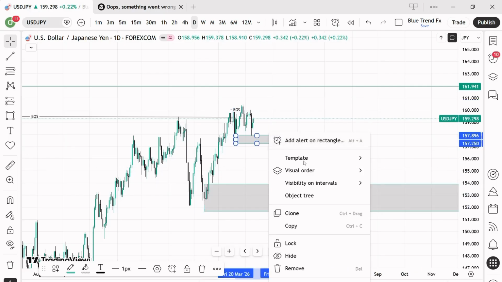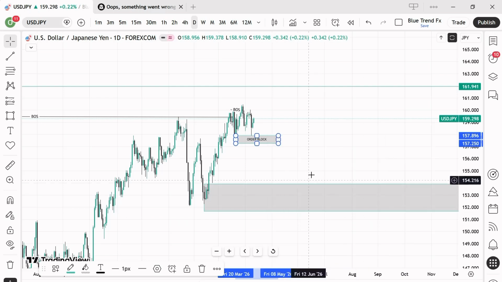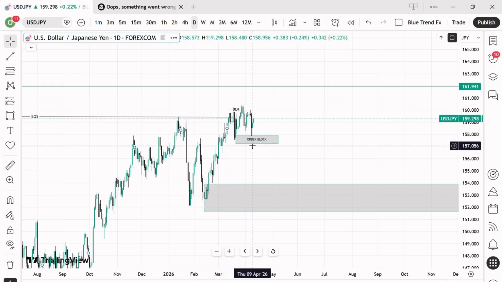This level is where we have our demand slash order block. So market has already reacted from this. It will interest you guys that I'm actually on this trade for a swing trade. I got in at this level last week.